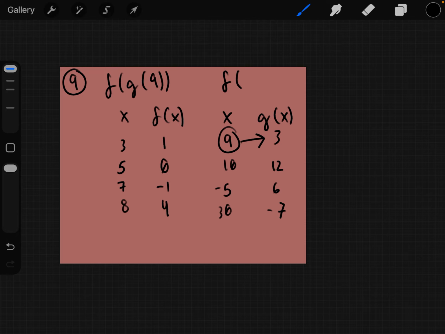So then we are looking for f of 3. Here is 3. It is 1.